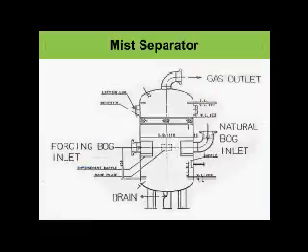Means when forcing boil-off gas is coming, it is coming under pressure, because we are using the compressors. But natural gas boil-off is not under compressor, so it removes the mist or condensate from it, and of course we will put it outside for further heating and sending it on.